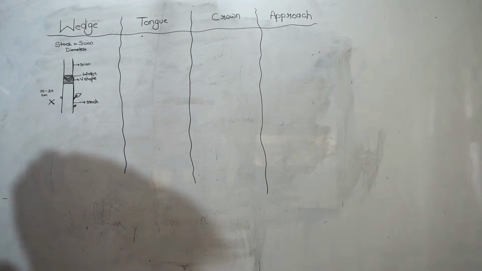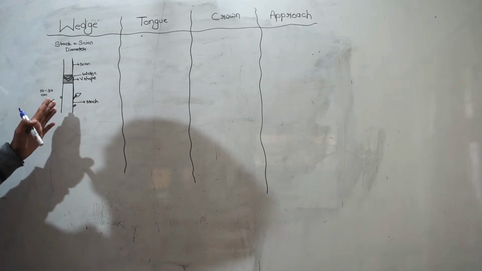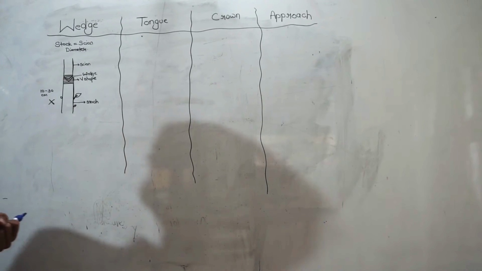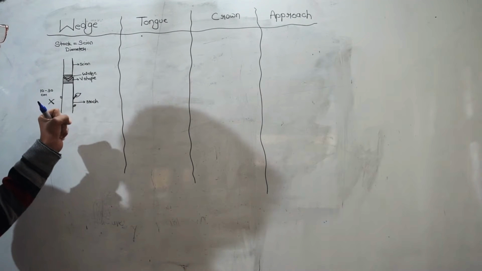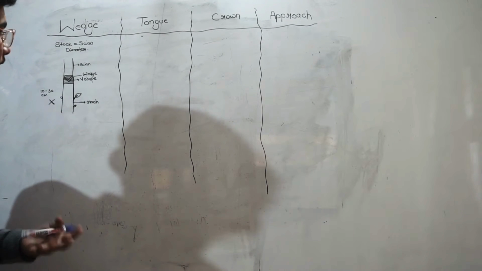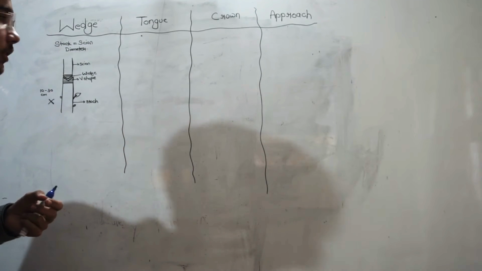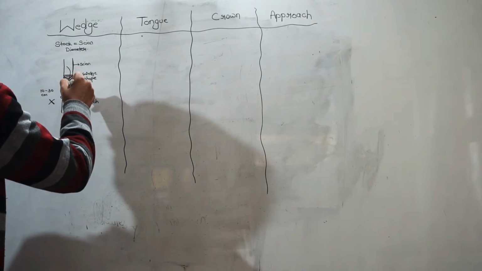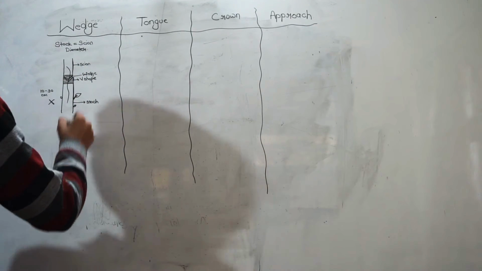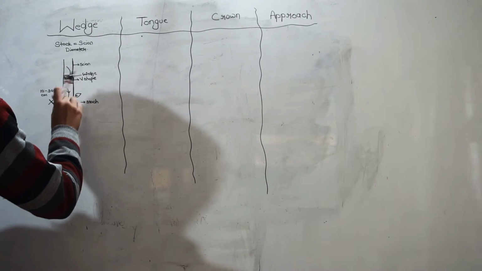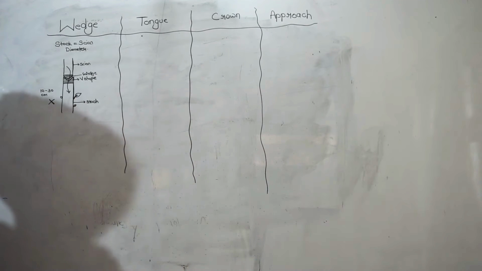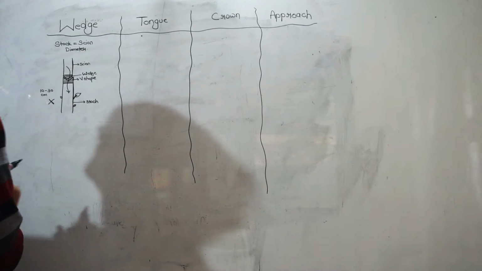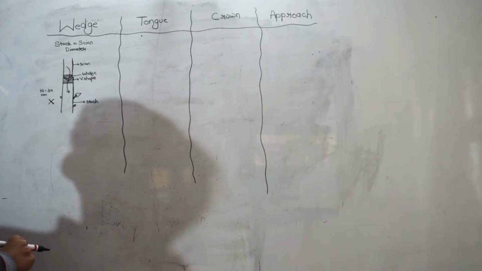So after joining, you bind both of these with grafting tape, so that after mating they will form a single composite plant. So this is a wedge type grafting.